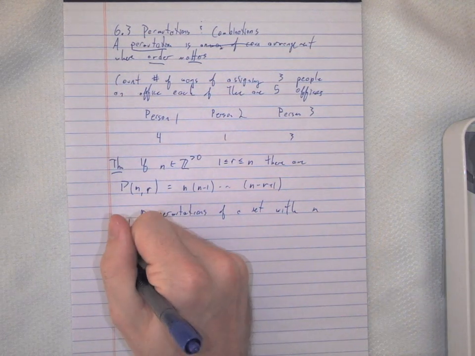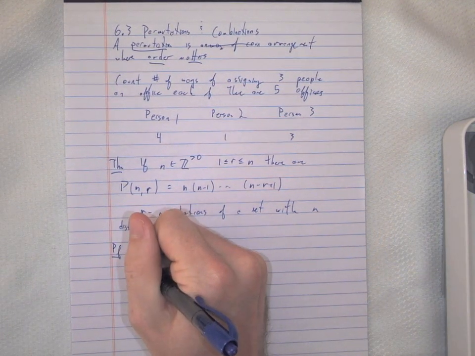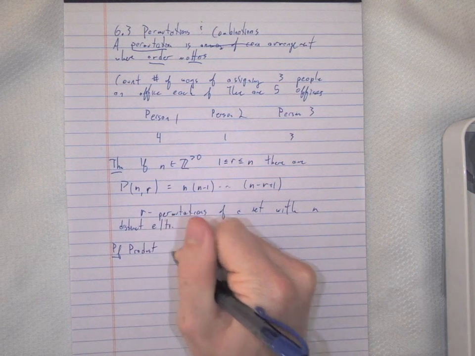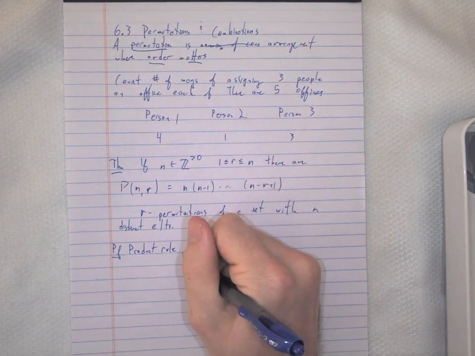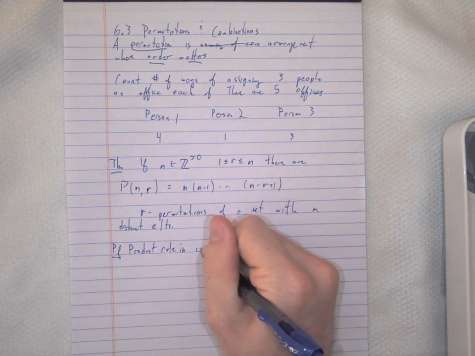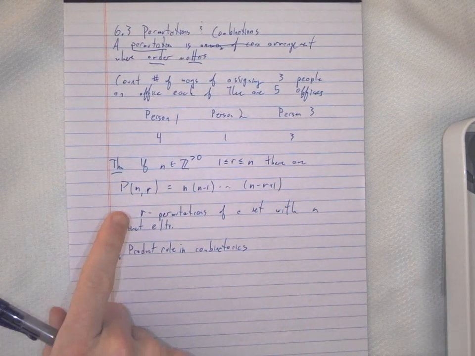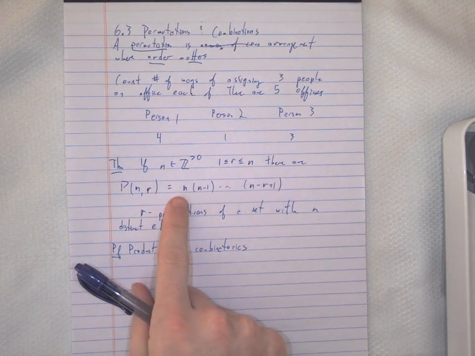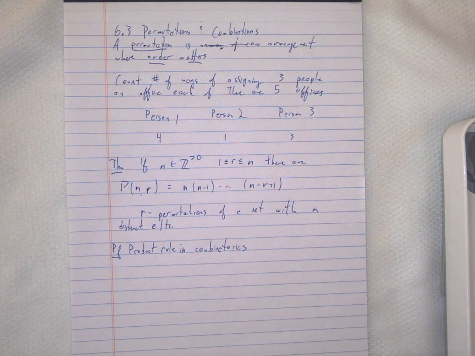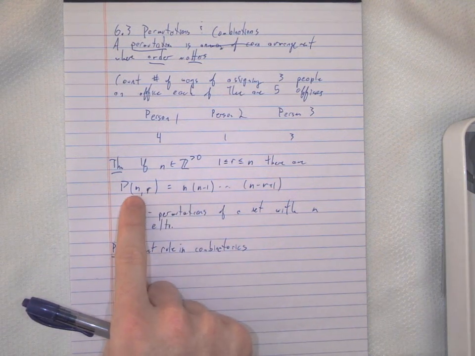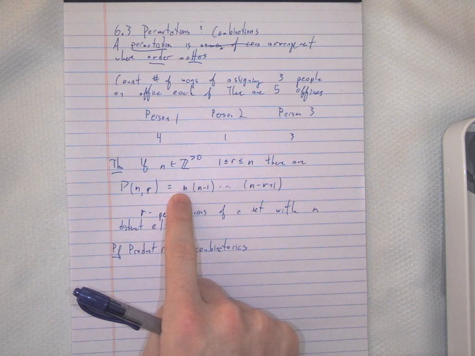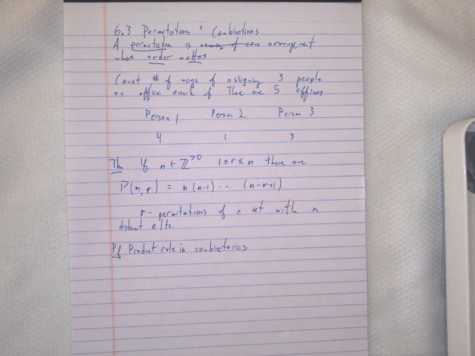And the proof is that this is just the product rule in combinatorics. Namely, how many choices do you have for the first element of your r-permutation? Well, if your set is of size n, then there are n elements for your first choice.